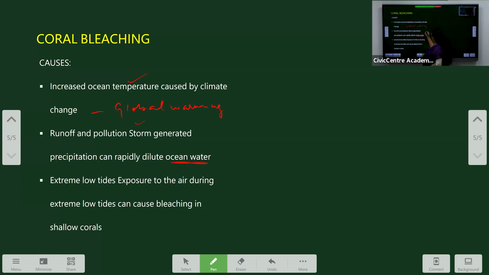That is, when there is water pollution due to runoff from industrial waste or something like that, the water becomes diluted, and hence the availability of nutrients becomes less, which might kill the algae and hence the corals. Now, extreme low tides and exposure to the air during the low tides can also cause bleaching in the shallow corals.